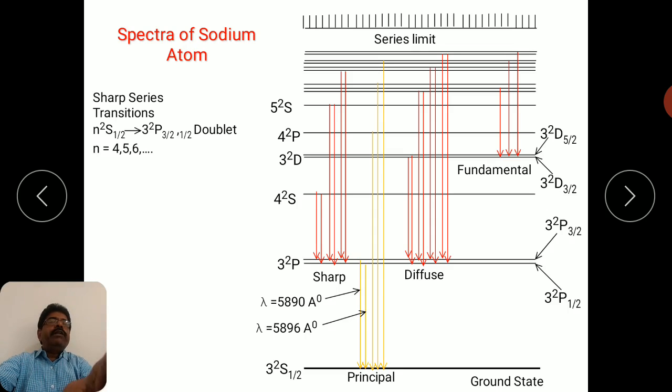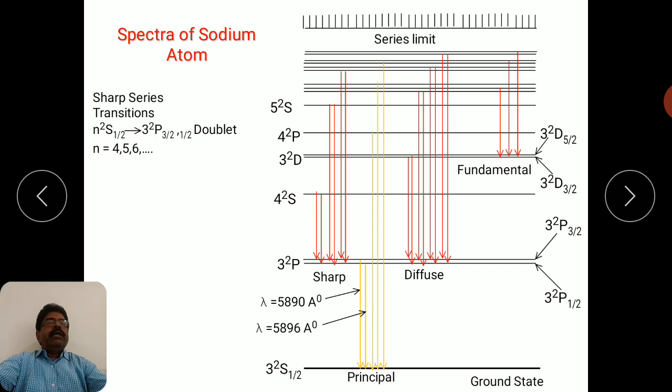Similarly from 5S to 3P, 6S to 3P, and so on, that is n equal to 4, 5, 6, to this 3 doublet P having the two terms P 3/2 and P 1/2. These several transitions constitute the first series, the sharp series.